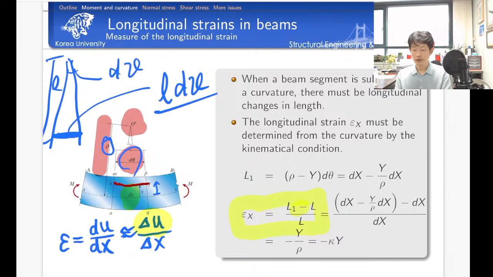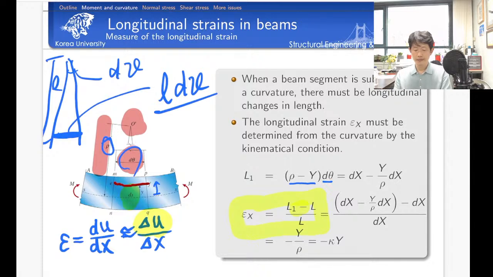So the distance from the center of curvature to the red fiber is equal to the radius of curvature minus the y coordinate, and it should be multiplied by the angle d theta to calculate the length of the red fiber.